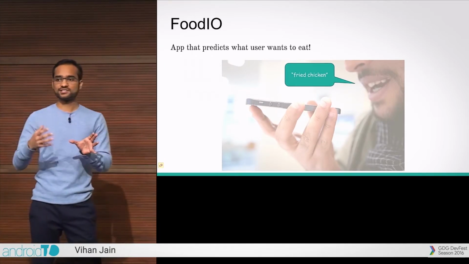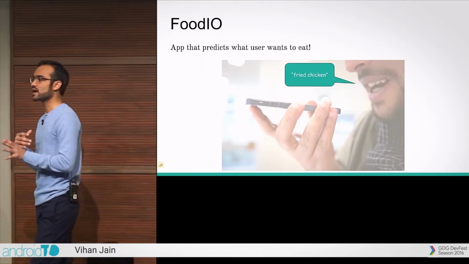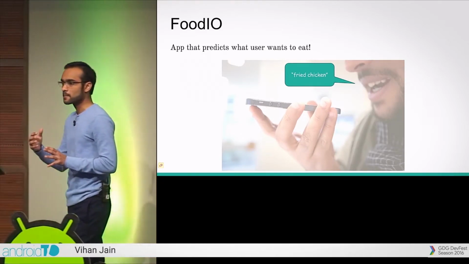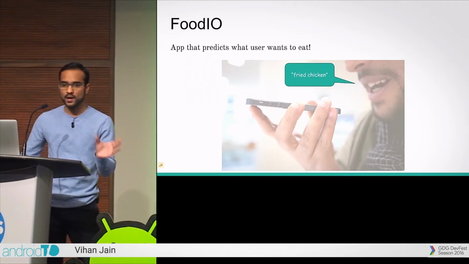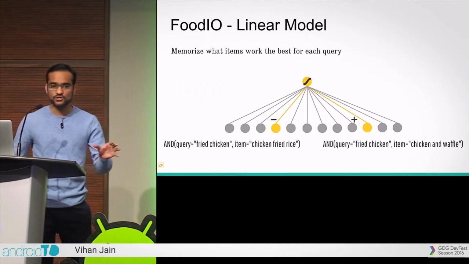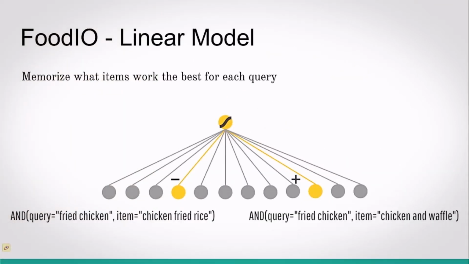Essentially, your model is trying to predict the probability of a click given a query and food item pair. So you can create a linear model like this where your inputs are these pairs of queries and items, and the model would learn which items work best for each query. For example, this model might end up learning that for the query fried chicken, the item chicken and waffle has a higher probability of being clicked than the item chicken fried rice.